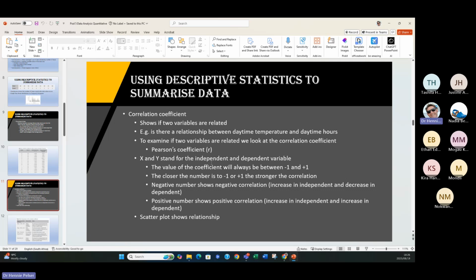So generally, we are looking at a coefficient between -1 and +1. Now, honestly, the closer the number is to minus or +1, the stronger the correlation. Now, we are looking at positive correlation, and that's how we've set this up. So a negative number shows a negative correlation.